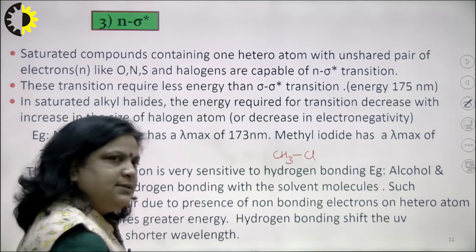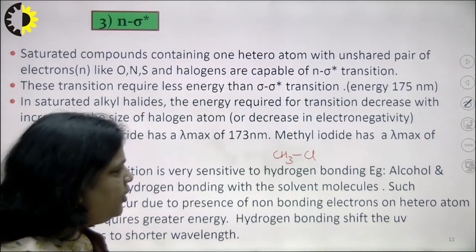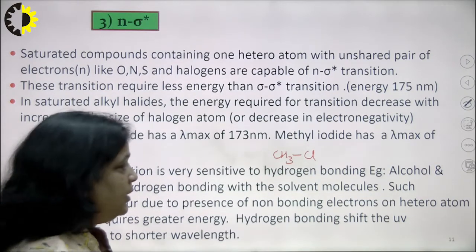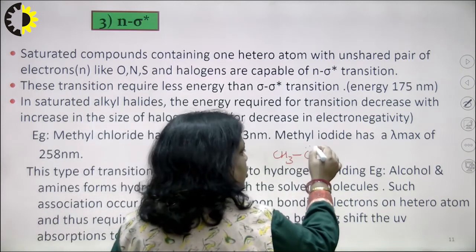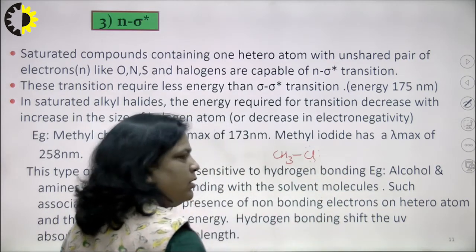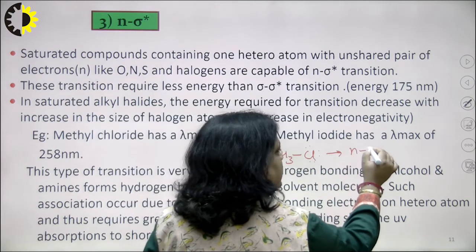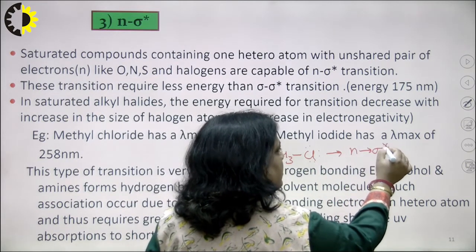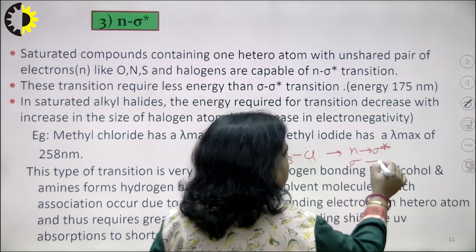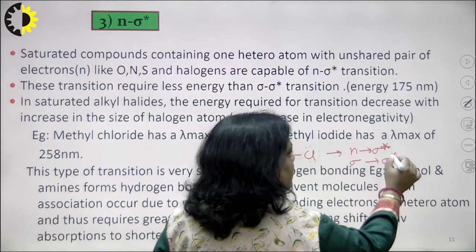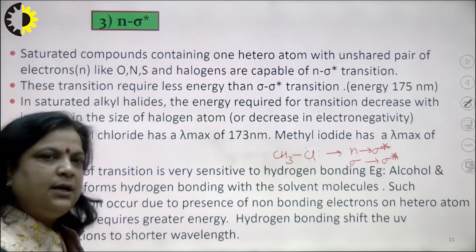Now, in this case, there is no pi bond, so no pi transition, but Cl has non-bonding electrons, that is, a lone pair of electrons.